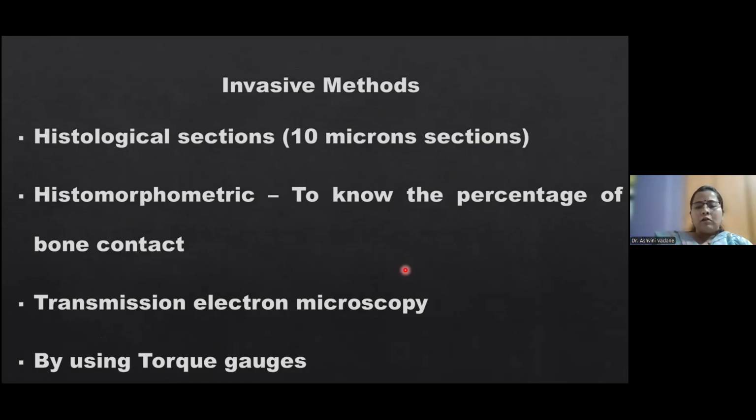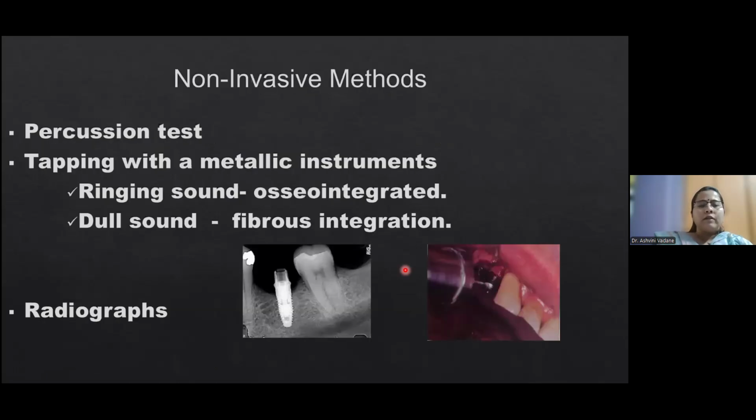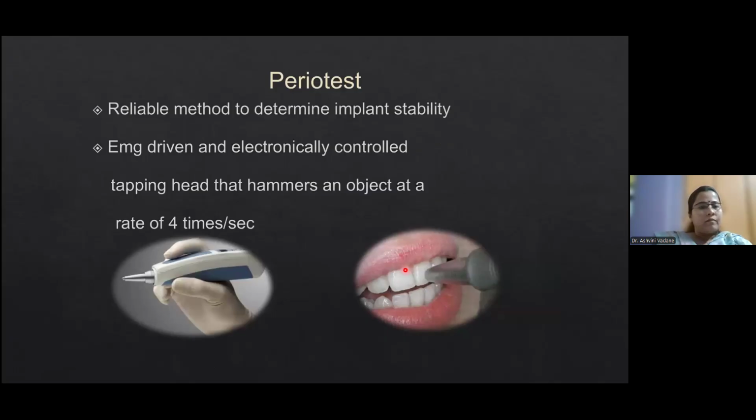Then by using a torque gauge also we can assess the osseointegration. These are some invasive methods. And non-invasive methods are like the percussion test, tapping, and radiographs. By these also you can assess the osseointegration.